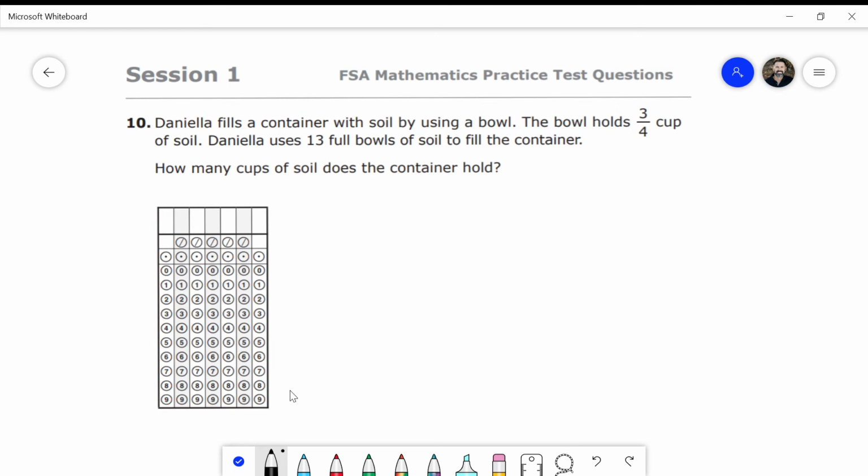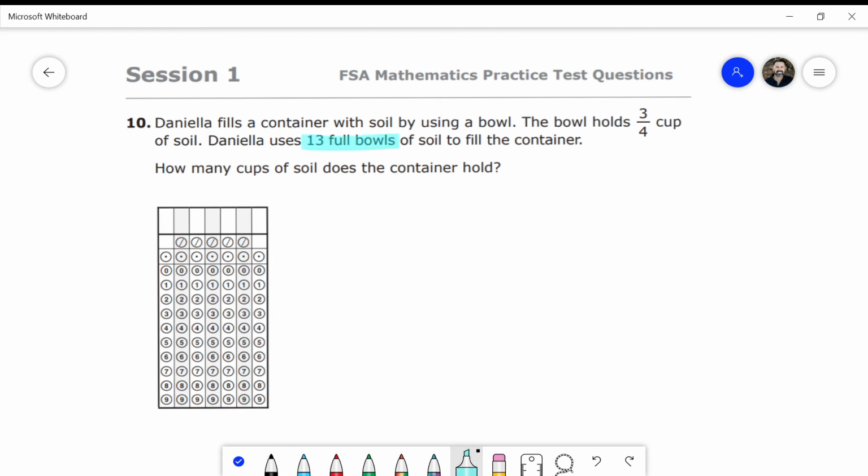If you're not sure what to do when you're reading a word problem, if you're not sure what the math is, I always recommend you do the model. It's an M&M strategy, or you've probably heard the phrase, when in doubt, draw it out. What I have here is 13 full bowls.